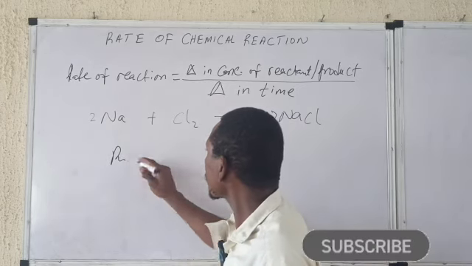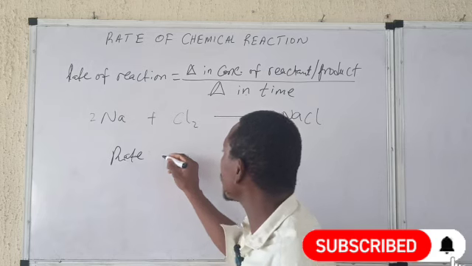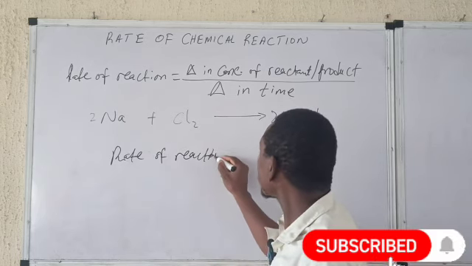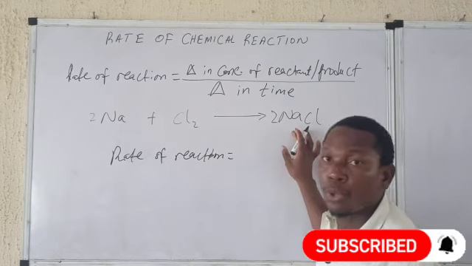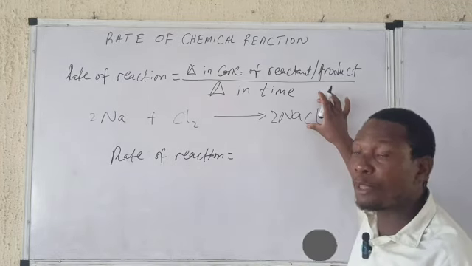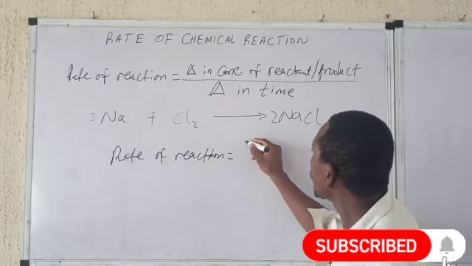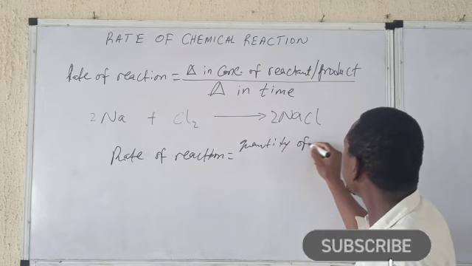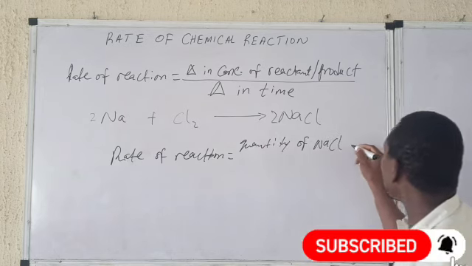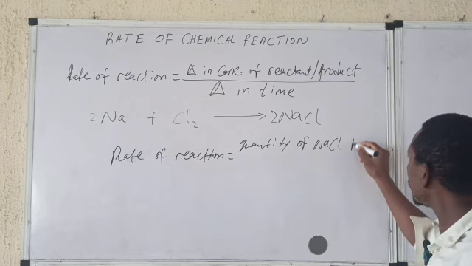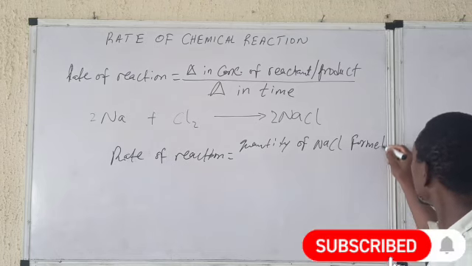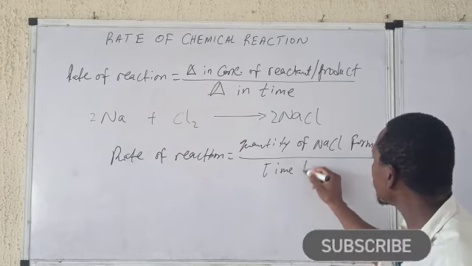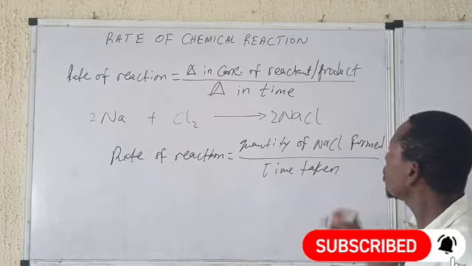Rate, I can rewrite it like this. Rate of reaction is equal to the quantity of sodium chloride formed, all over the time taken for it to be formed.